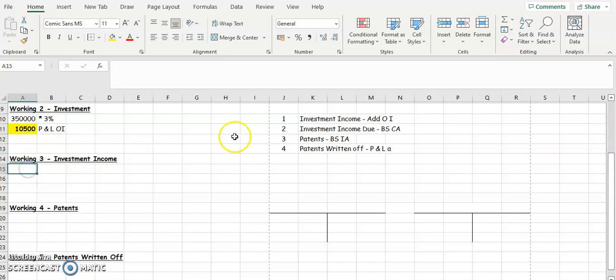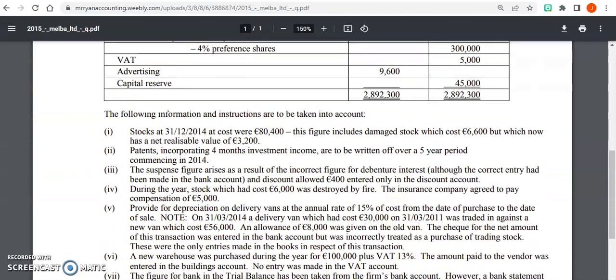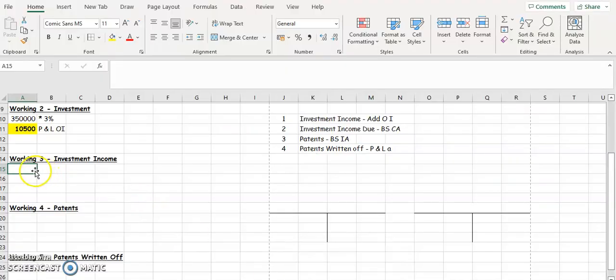Next we need to find is our investment income due. So of this 10,500, the question said 4 months have been paid into our patents. So we've incorporated 4 months investment income into our patents. So of that 10,500, 4 months have been paid.